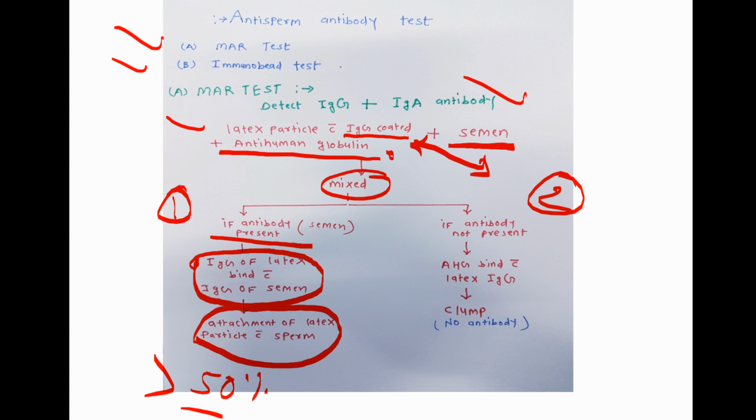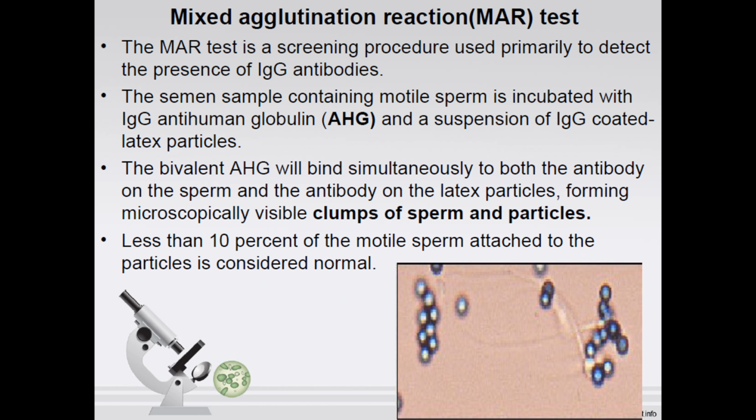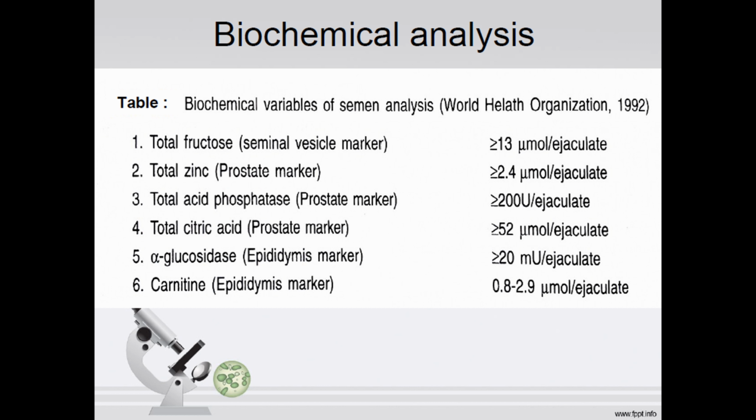Now the second possibility. If antibodies are not present, anti-human globulin itself binds with the latex particles and there is formation of a clump. So if we see a clump, it means there are no antibodies in the semen. If we see more than 50% of sperm attached to the latex particles, it means there is a presence of antibodies, which is a significant proportion. So this is the basic concept of anti-sperm antibodies.